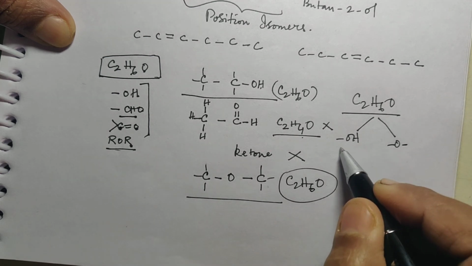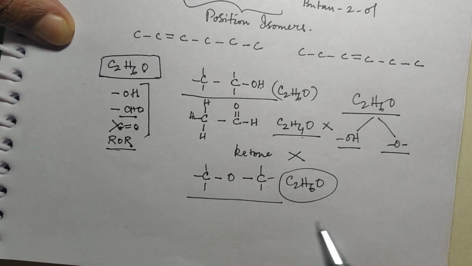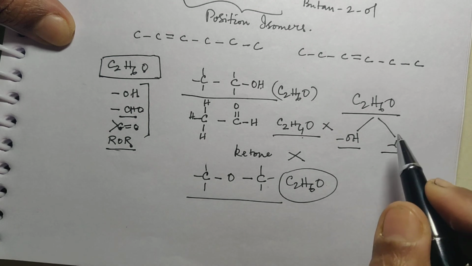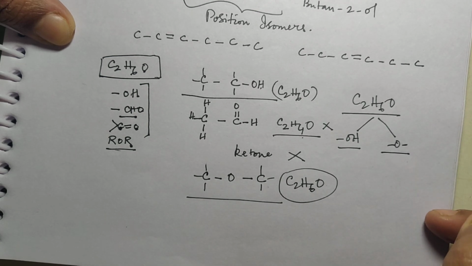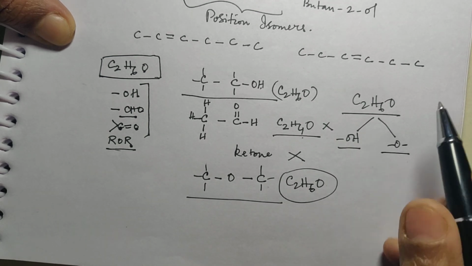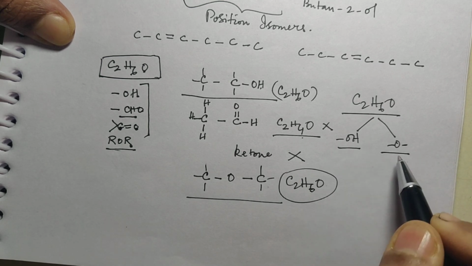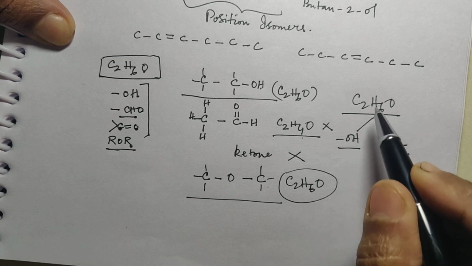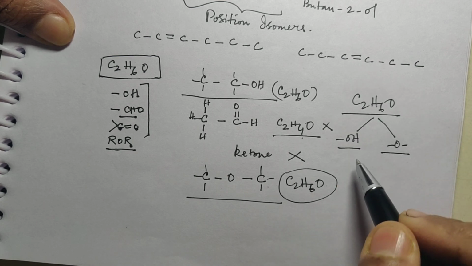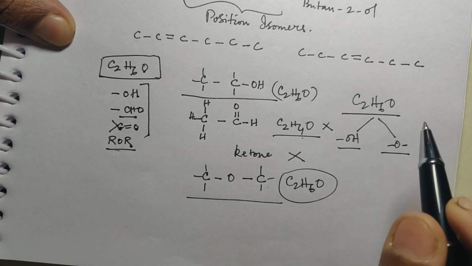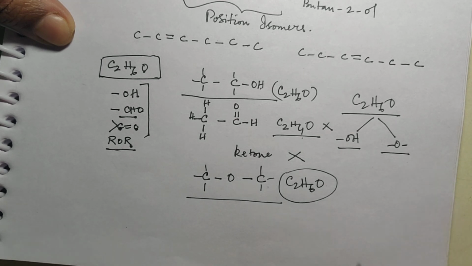Is it not? So they are called functional isomers. C2H6O can be either ethanol or methoxymethane, right? So this is what you call functional isomerism. Same molecular formula, but the functional groups are different. They are called functional isomers.